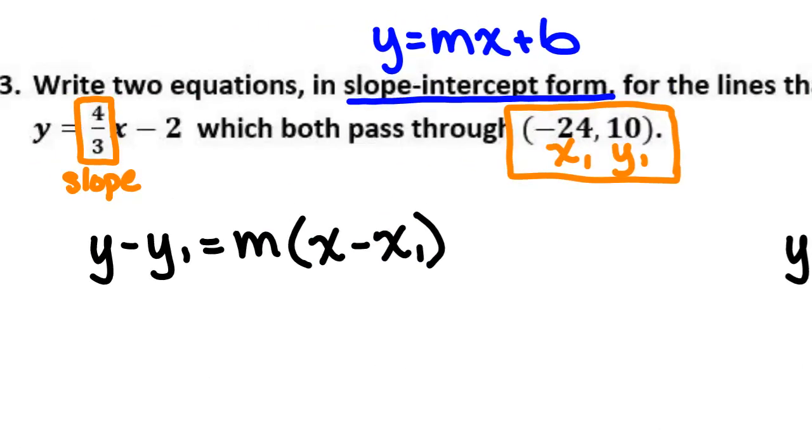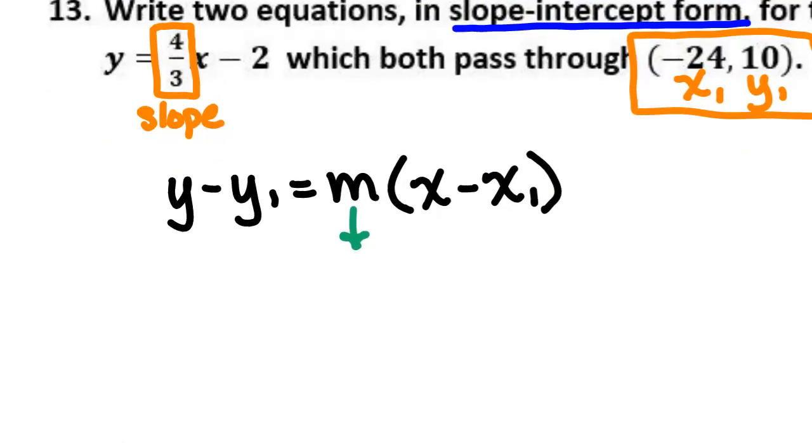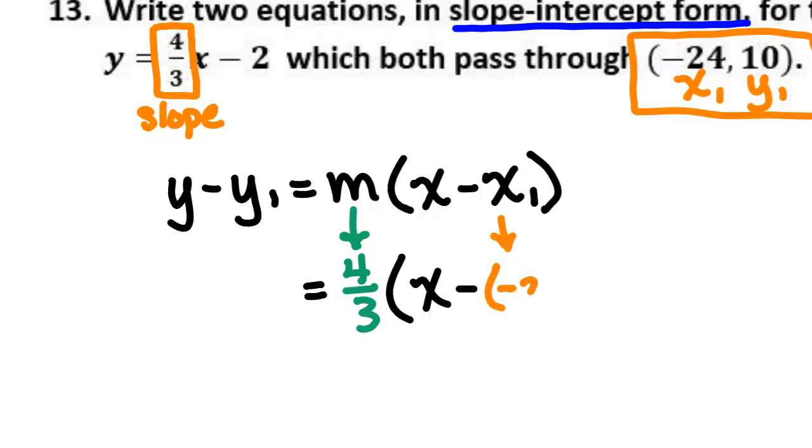What am I going to put in for m for the parallel line? 4 over 3. Perfect. And then I bring down my parentheses and I have x minus, and I have my equal sign here. What goes in for x1? Negative 24. So I have x minus negative 24.